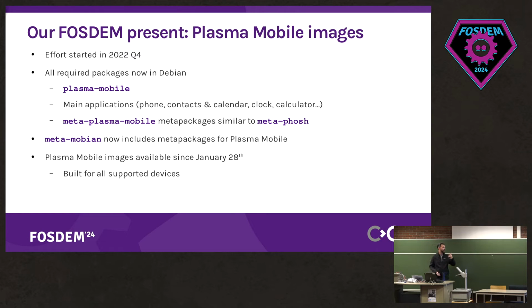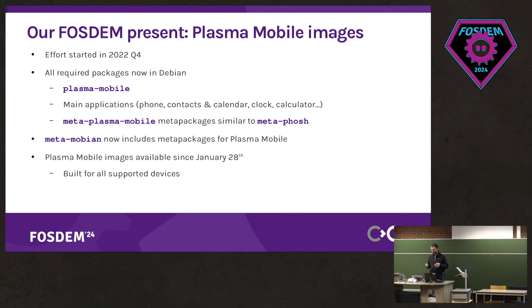And we also have a small FOSDEM present, in the sense that Mobian now provides, it's been a week since the first images were published, Plasma mobile images. It actually started over a year ago, and the goal was to, from the start, have everything in Debian itself rather than carry downstream packages in Mobian.